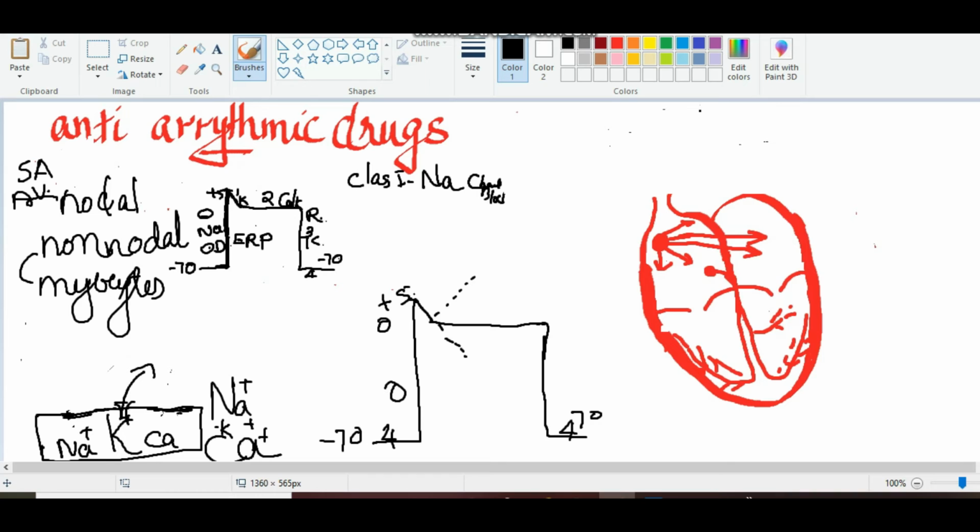Phase 0, 1, 2, 3. This is the sodium phase. Then the potassium phase, then potassium and calcium, where two things happen, and then the potassium phase where potassium is coming out from the cell.